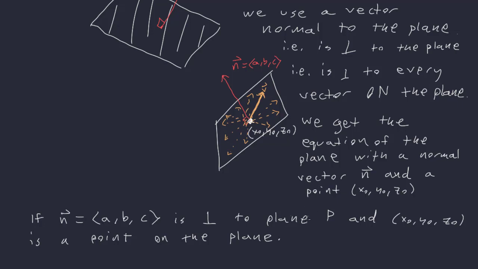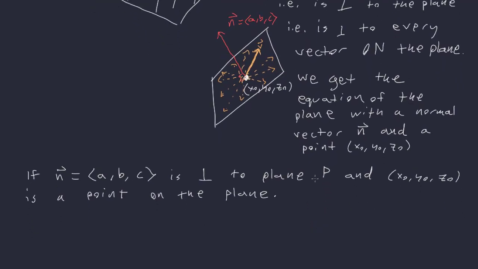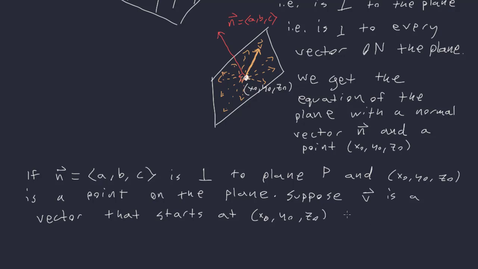So suppose V is a vector that starts at x naught, y naught, z naught, and terminates at the point, let's say x, y, z.